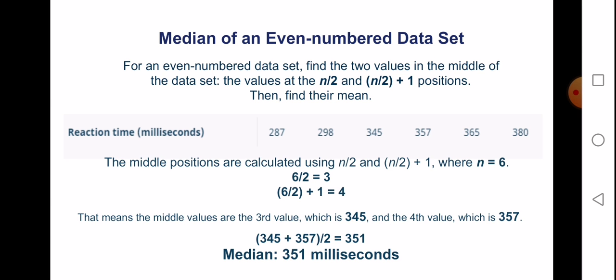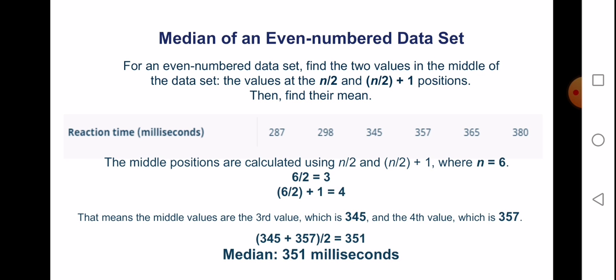So to get the median, take the mean of the two middle values by adding them together and dividing by 2. So we have here the middle positions are calculated using (n divided by 2) and (n divided by 2 plus 1), where n is equal to 6. So that is 6 divided by 2 is equal to 3, and 6 divided by 2 plus 1, that is equal to 4.